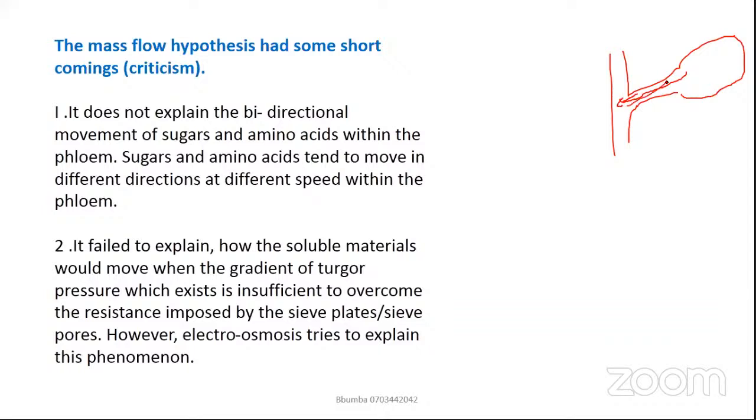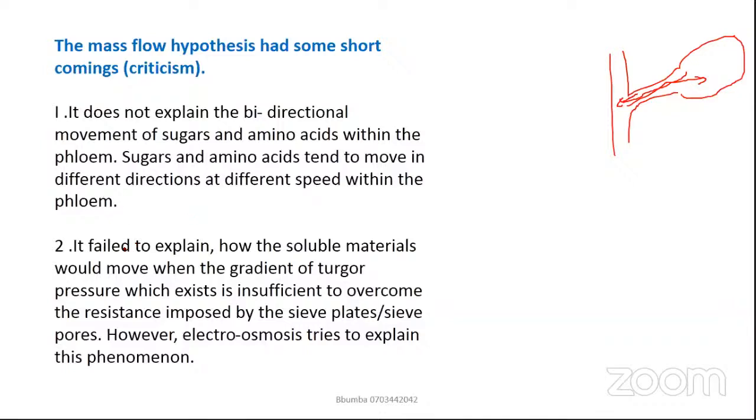But sometimes you can find some sugars which are moving this side. That is the bidirectional movement. So it doesn't explain it, because if fluids are moving due to a pressure gradient, with higher pressure at the source and low pressure at the sink, then we wouldn't expect sugars to be moving in two different directions. But of course, in reality, they move in opposite directions. So that was weakness number one.